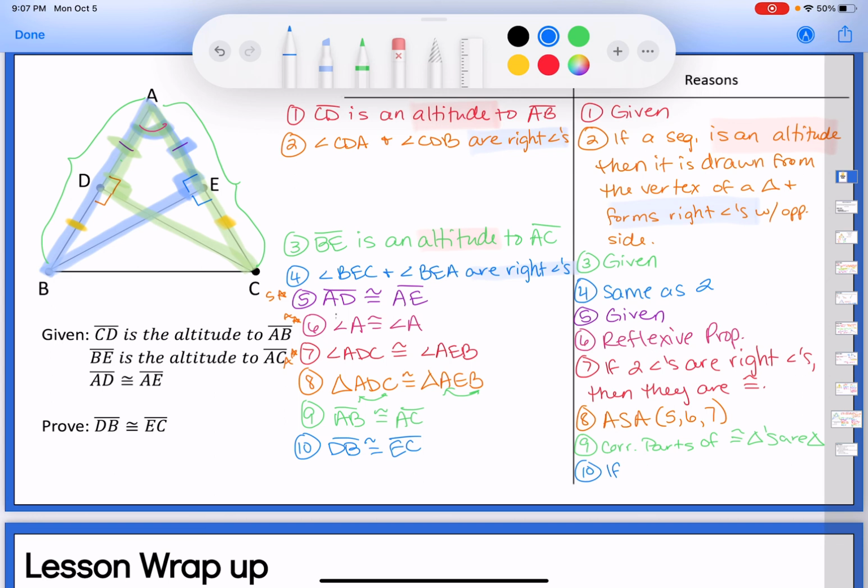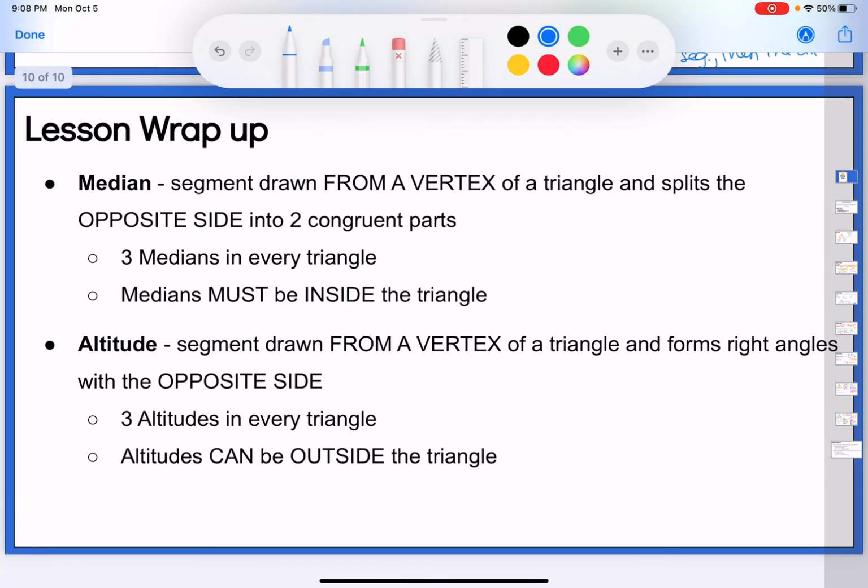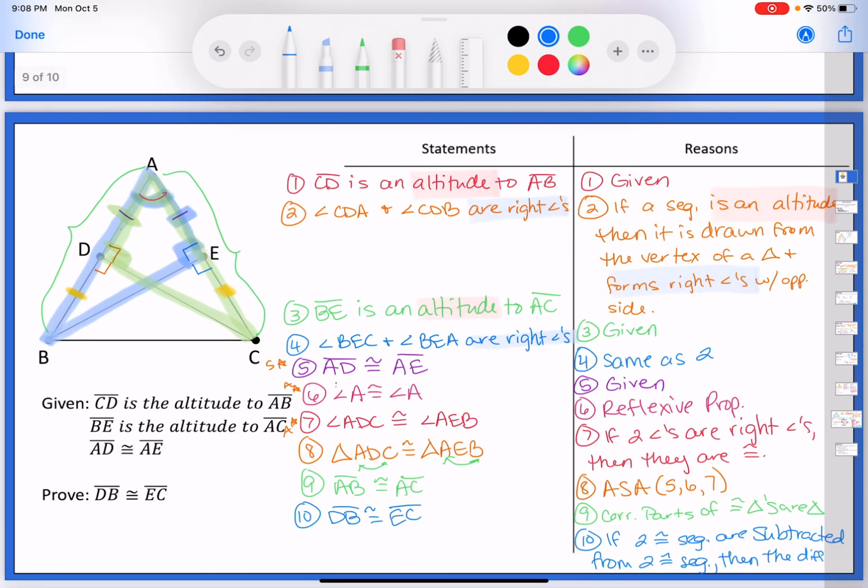Because if two congruent segments are subtracted from two congruent segments, then the differences are congruent. I'm running out of space. Squeeze it in. Whoo, that was a proof.